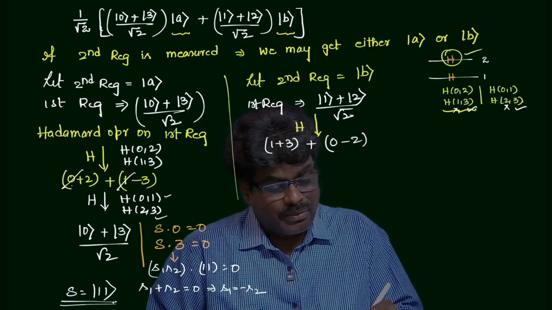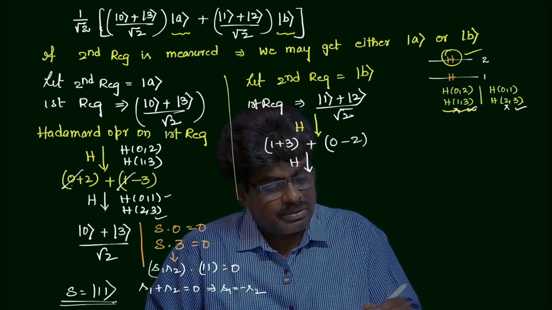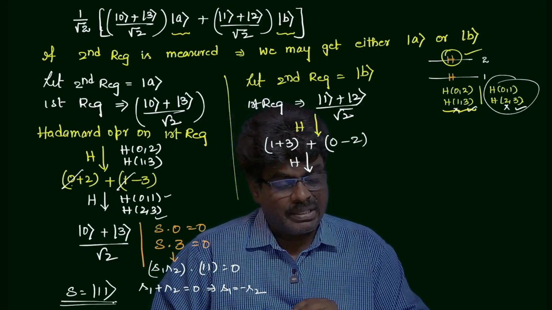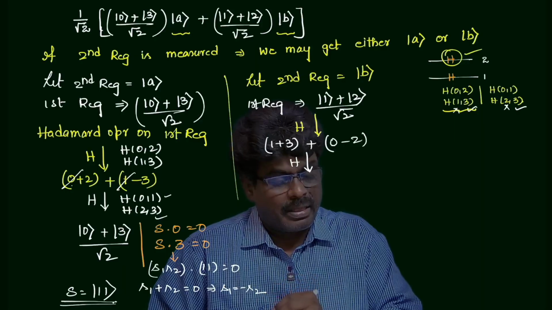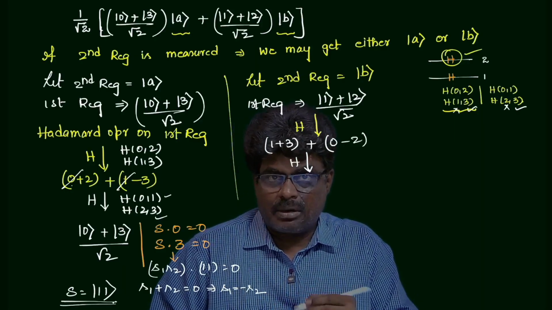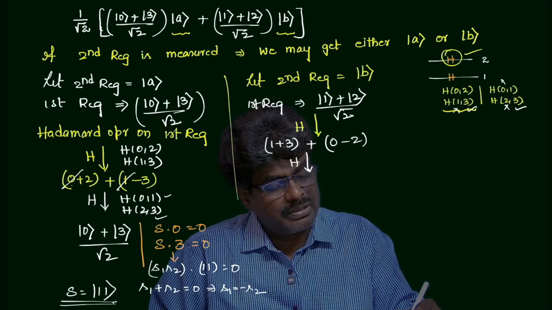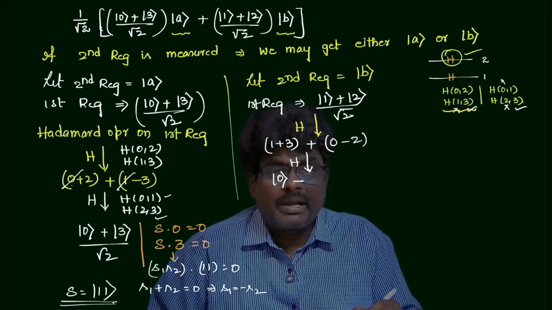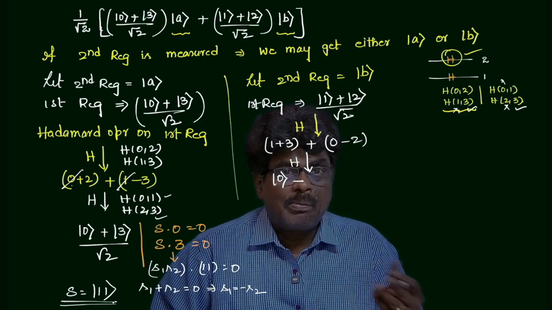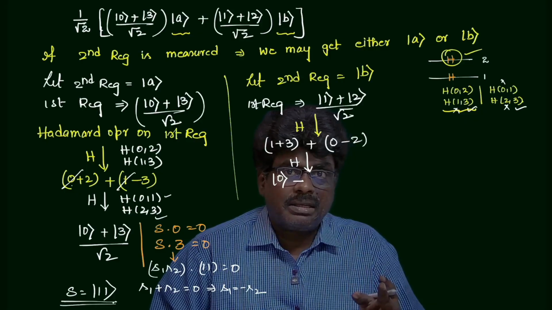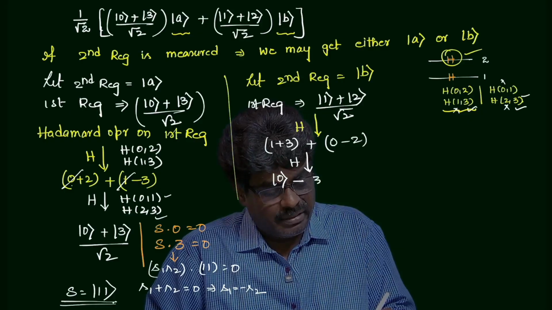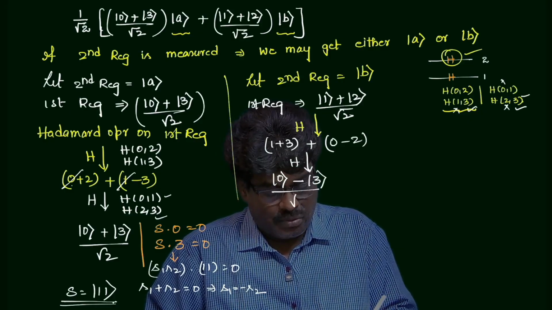Next, one more Hadamard operation, so this one. In this we have the combination 0 plus 1, and 0 plus 1 is nothing but off, so here 0 is off, that's why 0. Next, minus I have taken common, so then I will get 2 minus 3, and minus means on, here on is 3, so 3, over root 2.